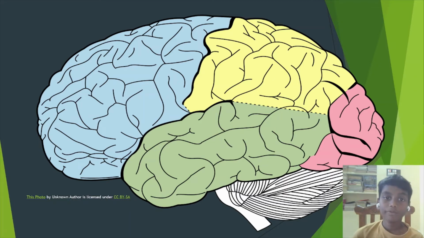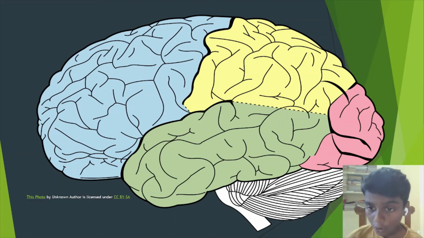The first lobe, which is the frontal lobe, is at the front of the cerebrum, and it also controls your behavior, ideas, creations, and etc. And the second lobe, or the second part of the cerebrum, parietal lobe, controls your muscle movement and your memory.